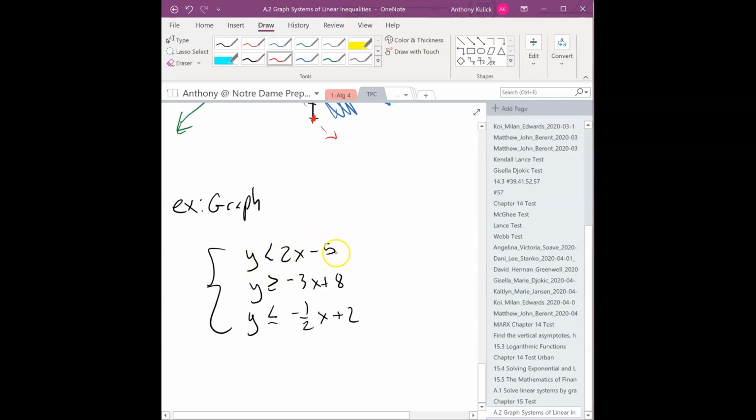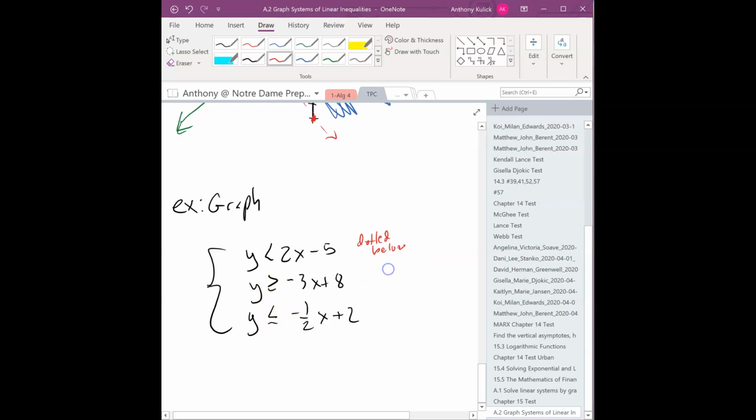This first one, I noticed that I would use a dotted line because it's a strict inequality, and I'd be shading below because it's a less than. Here we're going to have a solid line because it's an or equal to inequality, and we'll be shading above because it's a greater than or equal to.